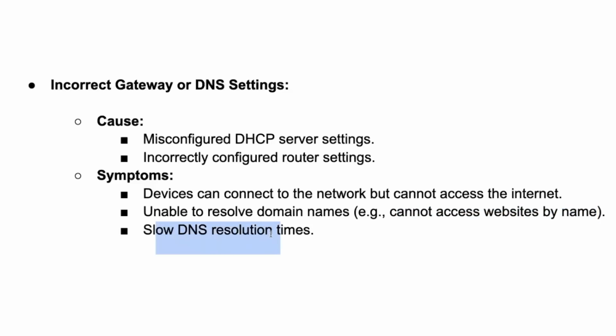And then there's the slow DNS resolution time, which essentially means that it's just taking too long for it to pull up a website by its name. It's taking too long for you to be able to connect to that website. And this could also be, okay, maybe there's some kind of congestion in our network. This could be an issue with the actual devices that are connecting you to the internet.